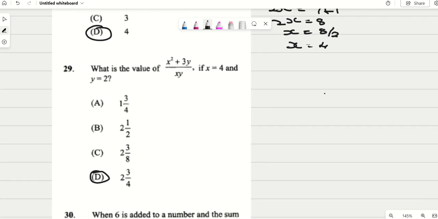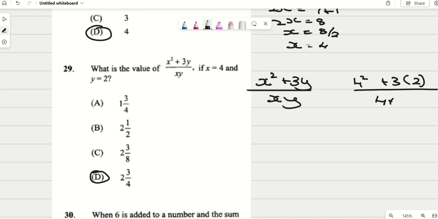What is the value of x squared plus 3y all over xy? They gave you x is 4, so that's 4 squared, plus 3 by y, which is 2, all over 4 multiplied by 2. So that's 16 plus 6 all over 8.